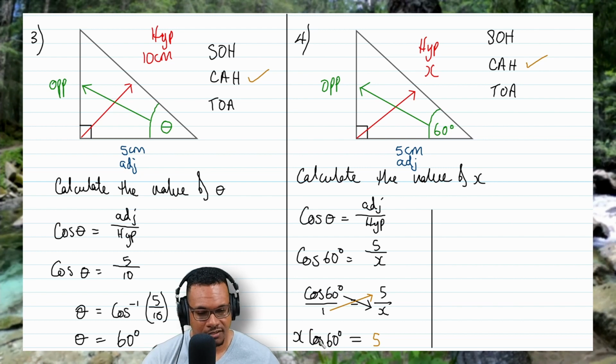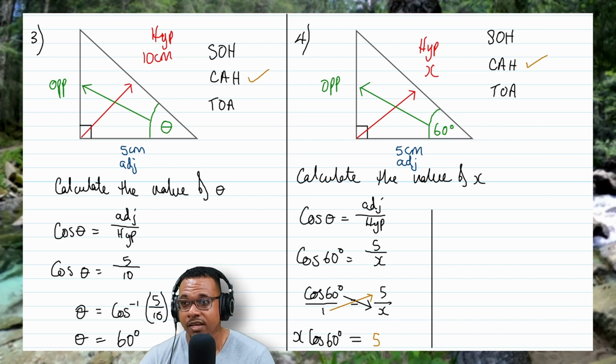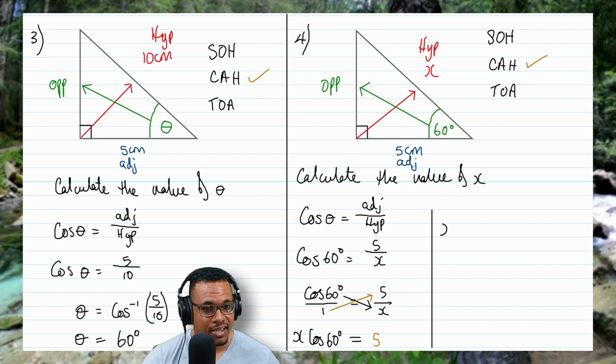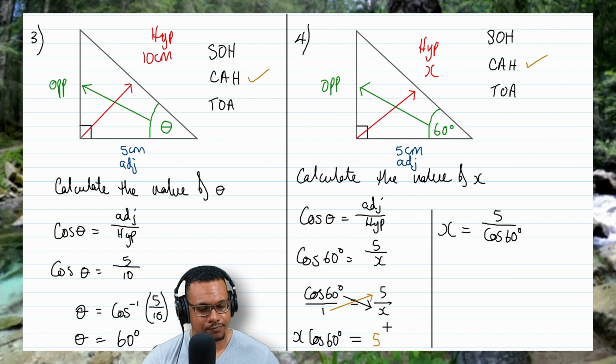All right, so sine of an angle, tan of an angle, same thing. So the whole cosine 60 has to go together. It has to go across the equal sign, and it's been multiplied by x. So the opposite of multiplication is division. So when the cos 60 goes across the equal sign, the operation will change from multiplication to division. And what we're going to have is x is equal to 5 divided by cosine 60 degrees.